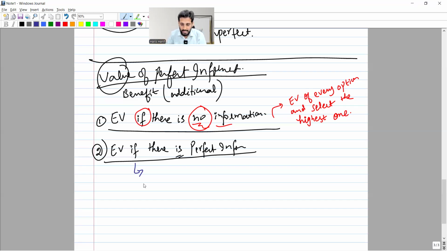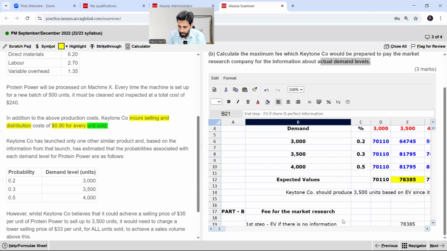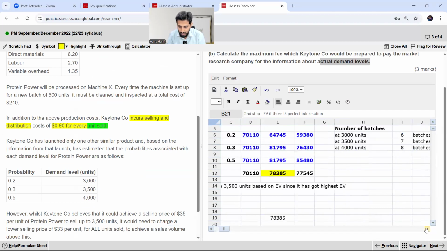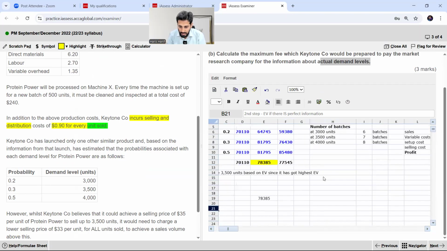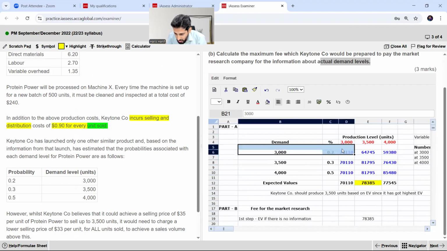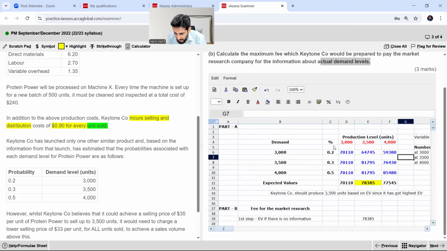See how, let's go to this payoff table. This is my demand level. If my demand is 3000 units, I will select this option. If my demand is 3500 units, I will select this option.